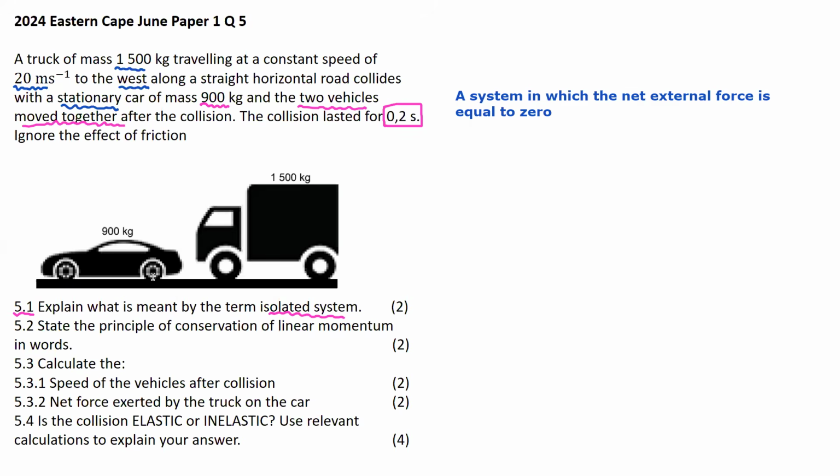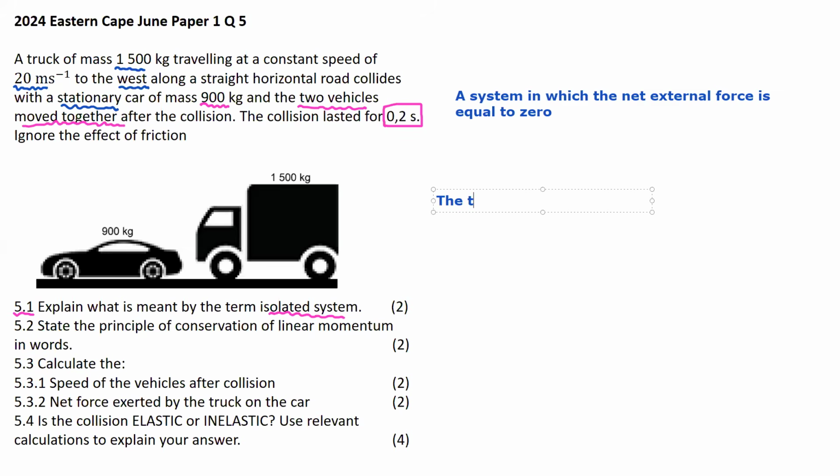State the principle of conservation of linear momentum in words. So they want us to state the principle of conservation of linear momentum in words. So that's 2 marks as well.